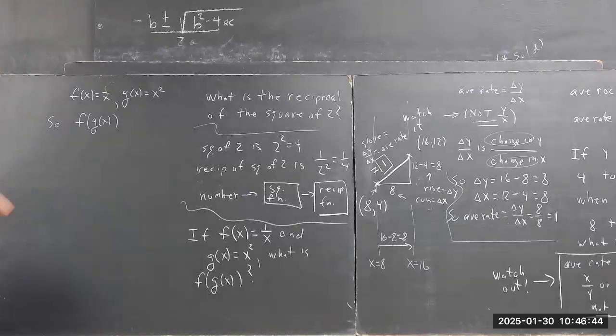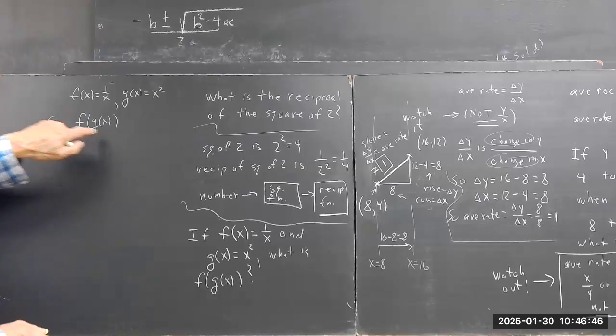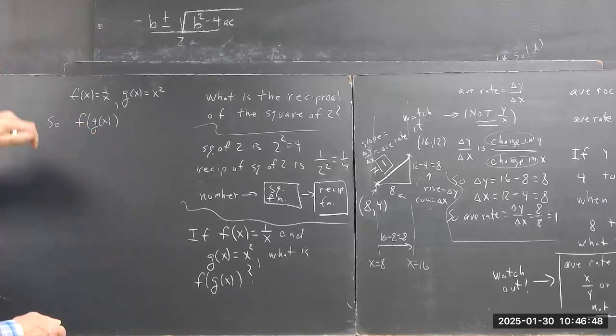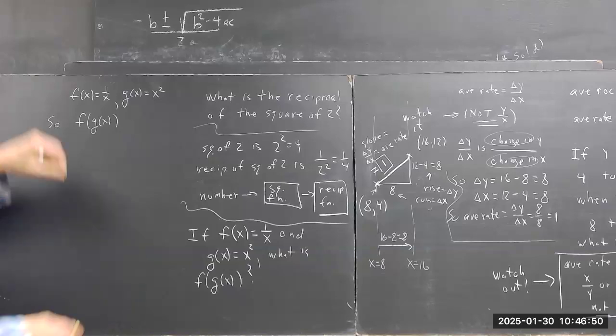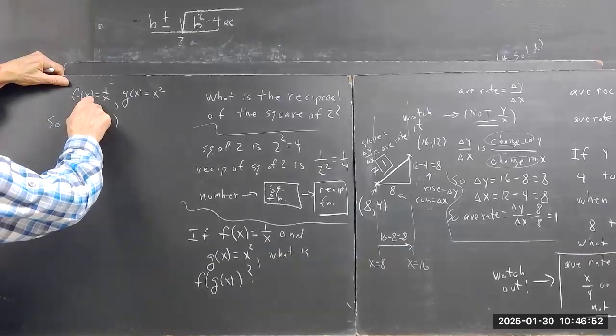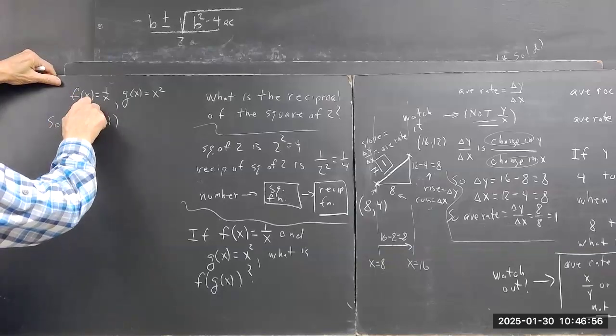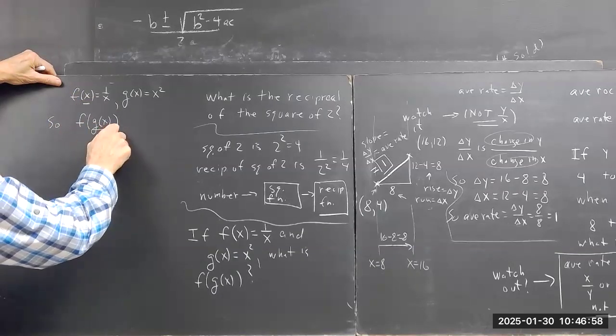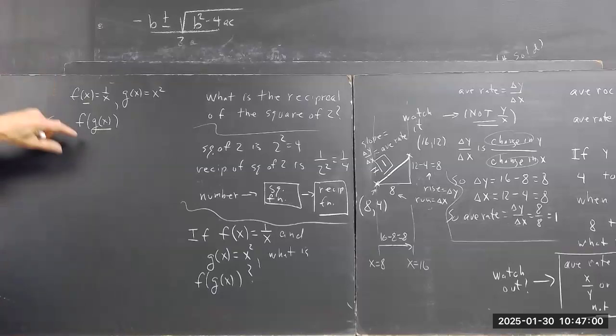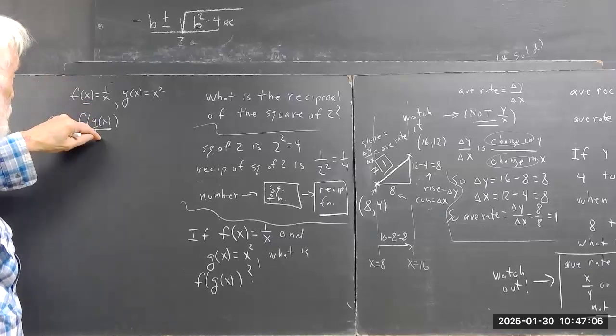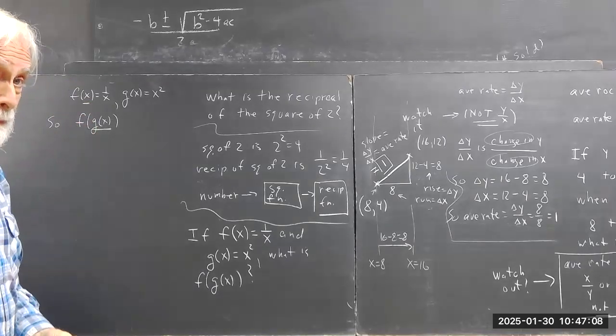And what I'm going to do is say, let's start with f. What's f of g of x? Well, you notice that up here I have x in the definition of f of x. Down here I have g of x, or x was, right? So x has been replaced by g of x.